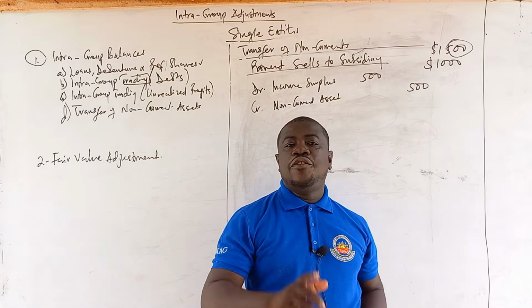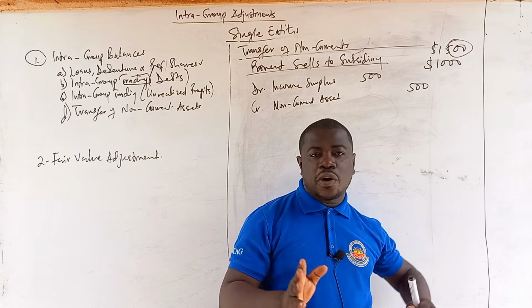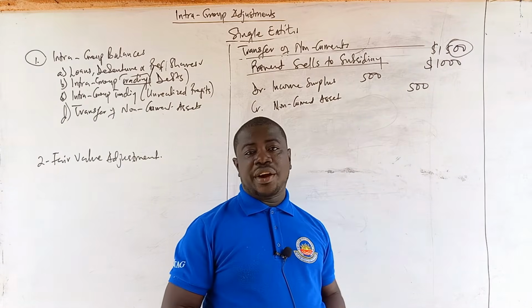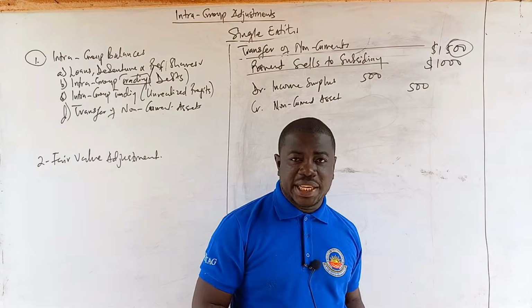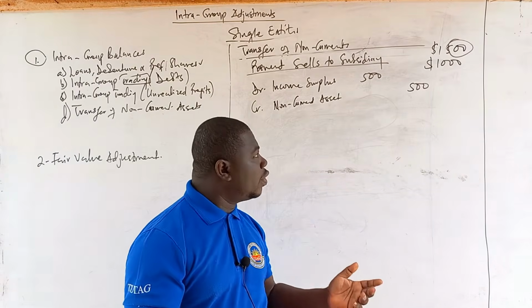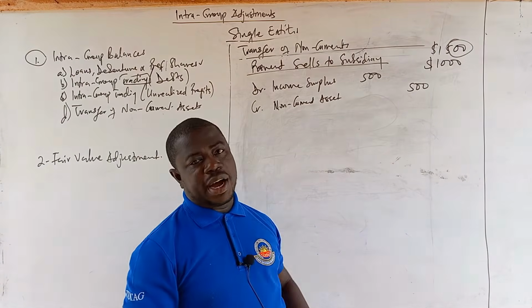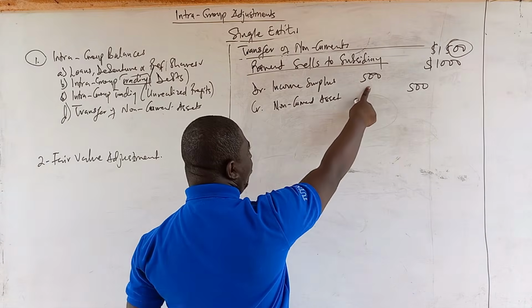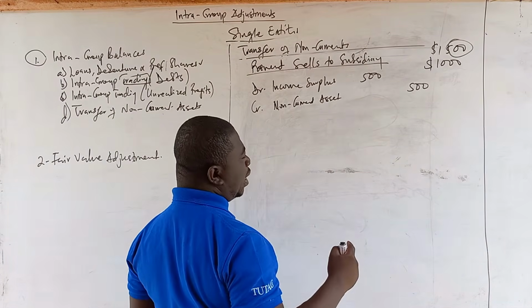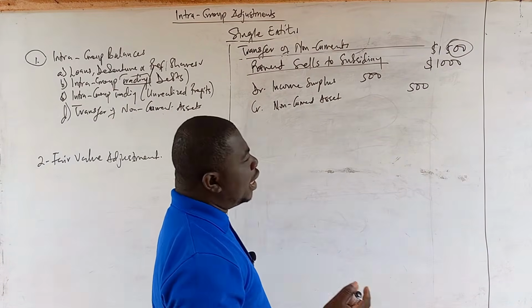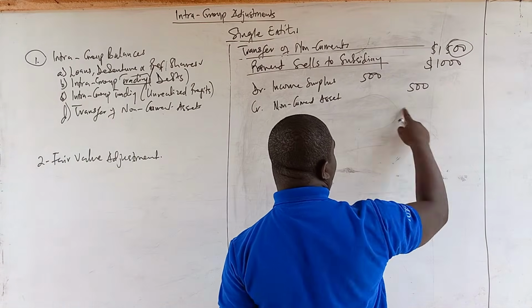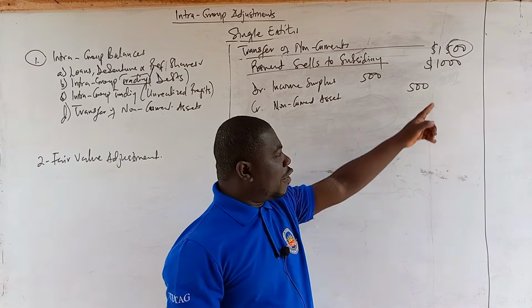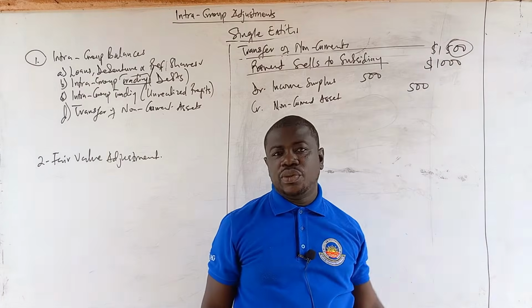Now listen. For transfer of non-current assets, more often than not, all the profit will be unrealized because it's not likely they will sell it. It's not inventories that they are going to sell, so mostly all of it is unrealized. So all the unrealized profit goes out of the group income surplus because the parent had already recognized it. Then we reduce the value of the asset by the same 500 so that it resets back to the 1,000.